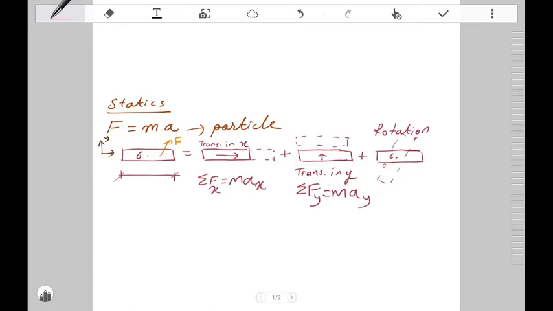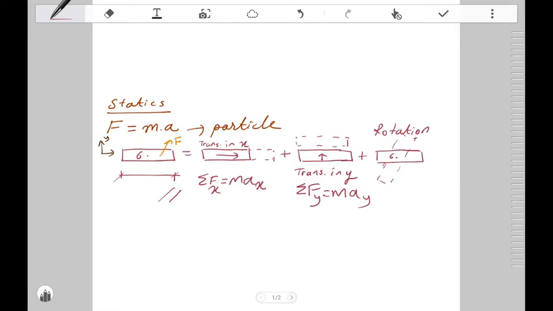But also we have a rotation, and as you see, if you go back to this force, take a look at that figure right here. This F will create a rotation motion because it's not directly applied to the center of gravity.